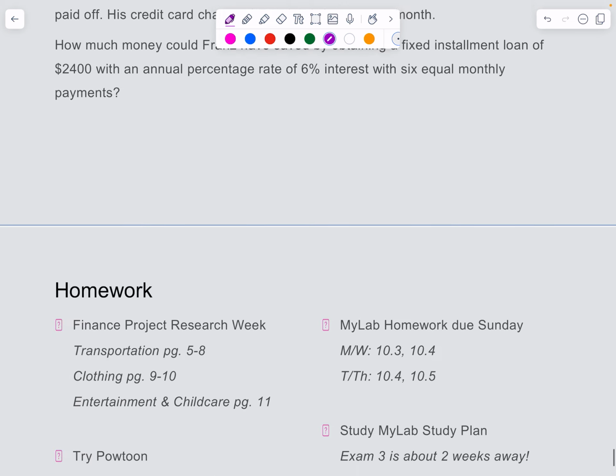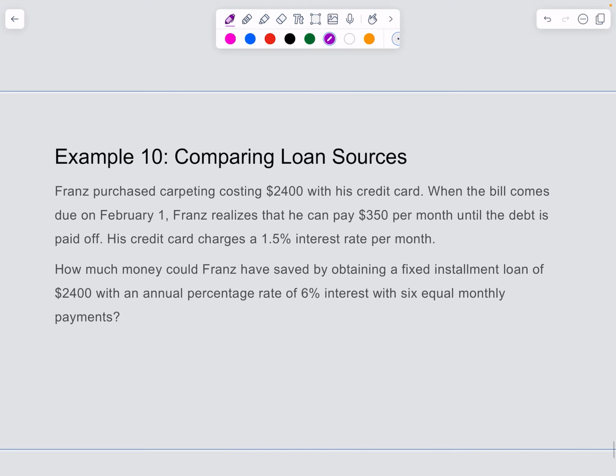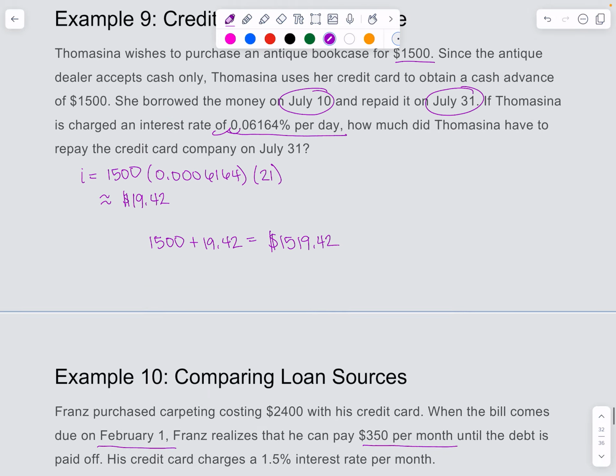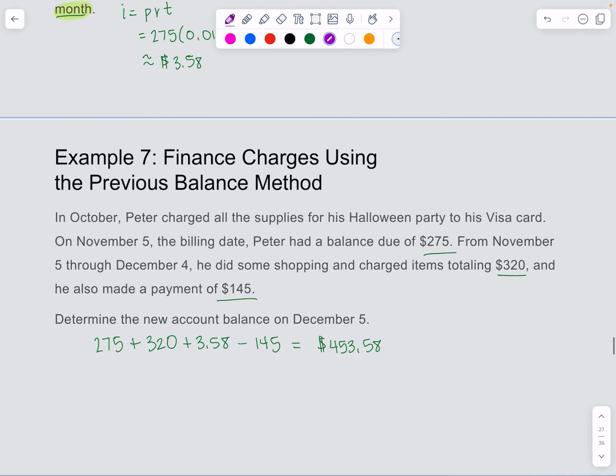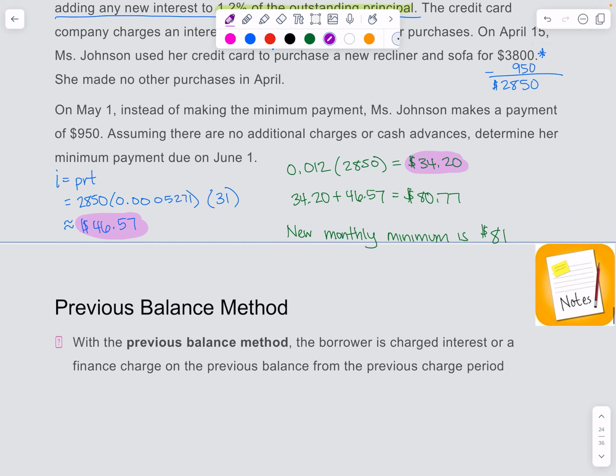We have an APR of 6% and we have a time of 6 monthly payments.